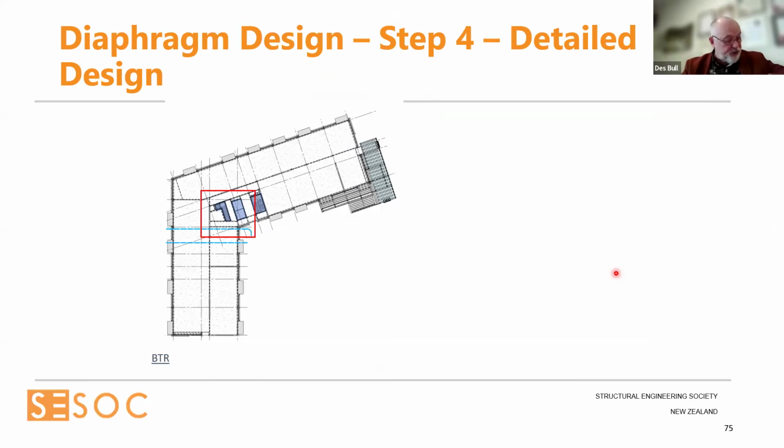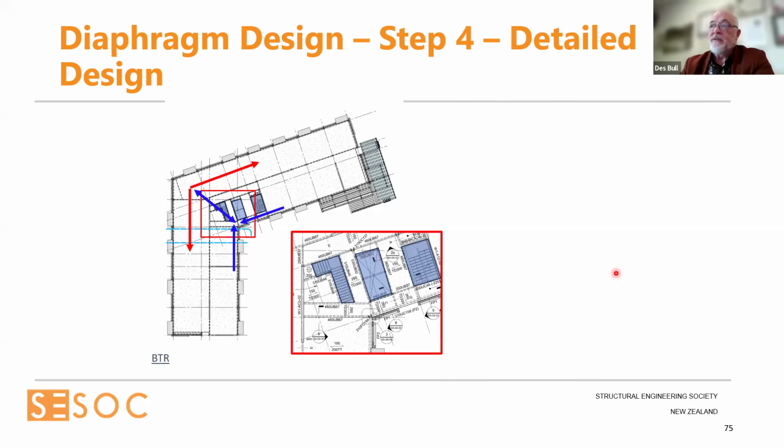Just one of the examples of a nightmare situation. A winged building with two wings and holes right in the critical part of the junction. Compression's blue, tension's yellow. How do we get those compressions through that part of the floor, which is now full of holes?